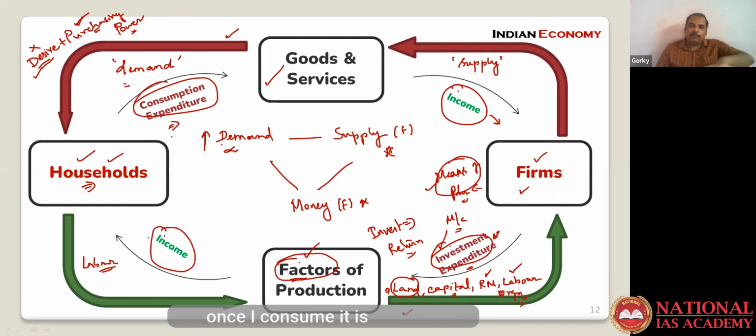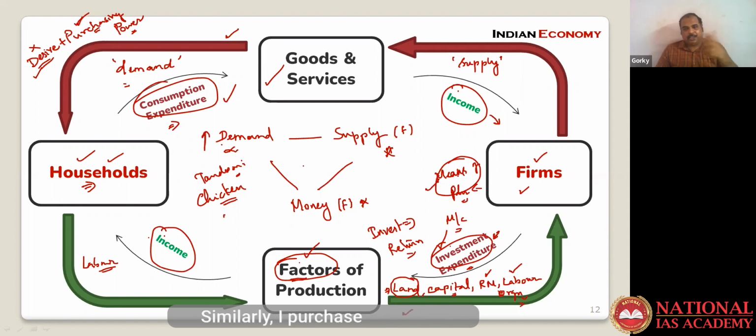Once I consume, it is finished. Say, for example, I purchase a tandoori chicken. I eat it, consume it. Then it is a consumption expenditure because I provided 200 rupees. I purchased tandoori chicken. I consumed it. That's all. 200 rupees gone waste, right?